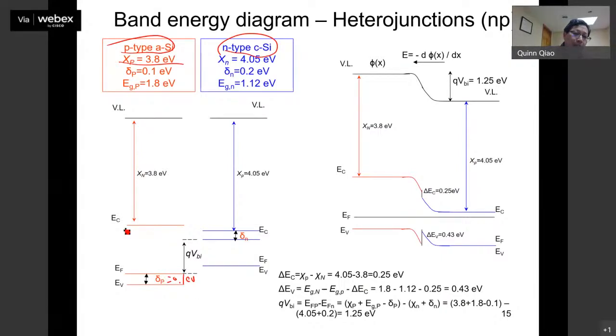The band gap for this is 1.8 eV, and for the crystalline silicon the band gap is 1.12 eV. Then the offset here equals 0.2 eV.